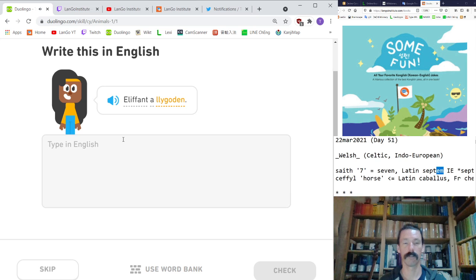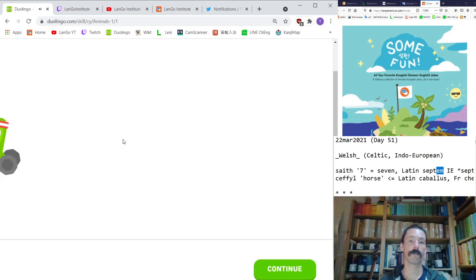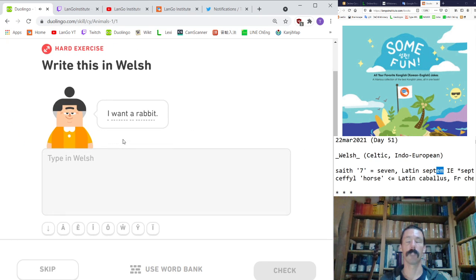Elephant a llygoden. An elephant and a mouse. I want, so do, and then e, pronoun I, eisiau, cwningen.